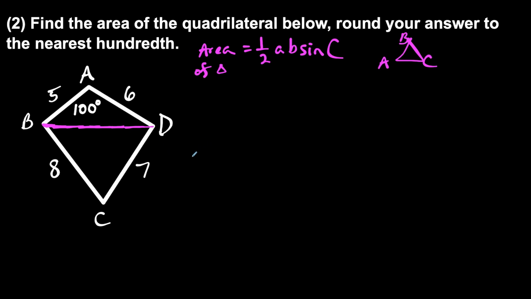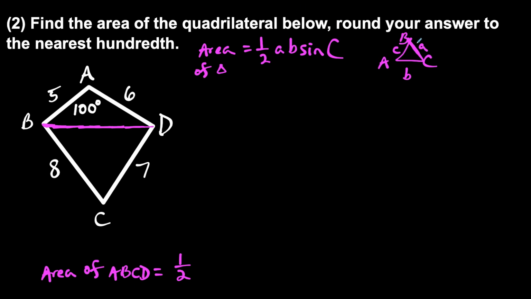So what we could say here is that the area of ABCD, that's our quadrilateral so far, is going to be equal to 1/2. And the idea is, if I write in all the sides too, a, b, and c like this, the key to understanding this formula is that side a, side b, and angle C form a side-angle-side connection.